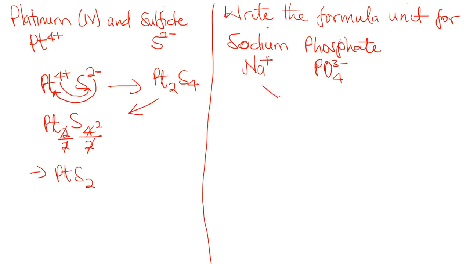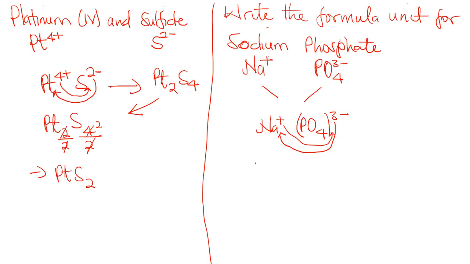What you want to do is put these ones together. So I'll put Na+ here and PO4, then in parentheses, then 3-. After that, you take this 3 and put it below here, and the 1 you put here.